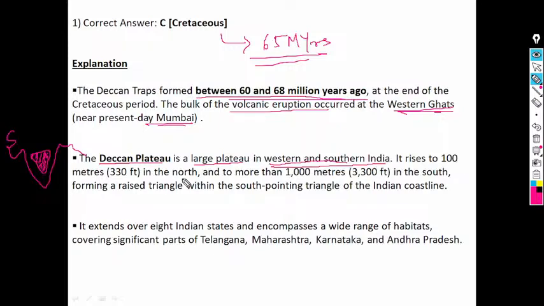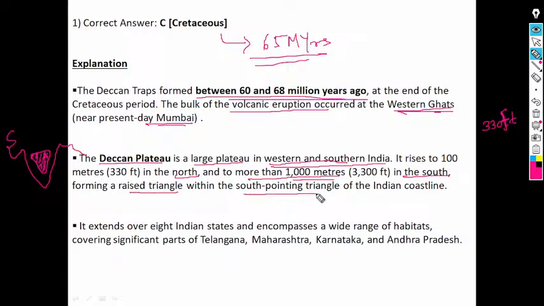It rises to 100 meters, that is 330 feet, in the north, and to more than 1000 meters, that is 3300 feet, in the south, basically forming a raised triangle within the south pointing triangle of the Indian coastline.